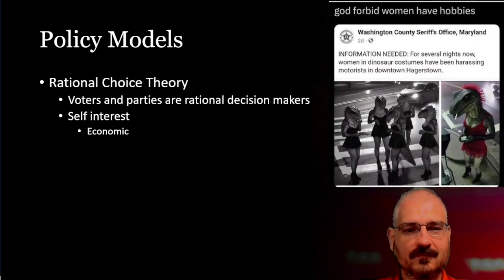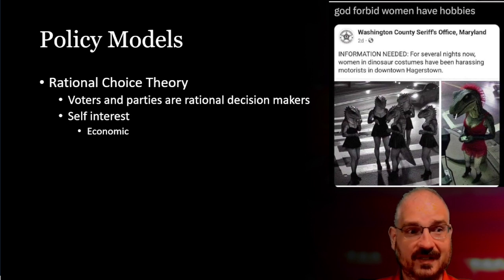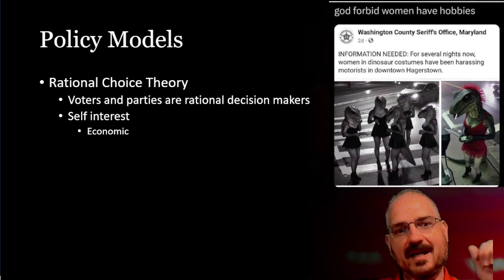Now, rational choice theory, not to be confused with the rational choice theory from my criminology course, but honestly pretty close. This sees policy as a series of rational choices by individuals.